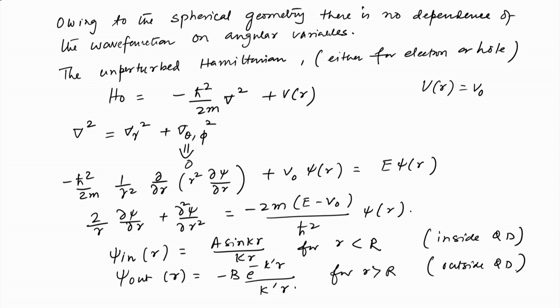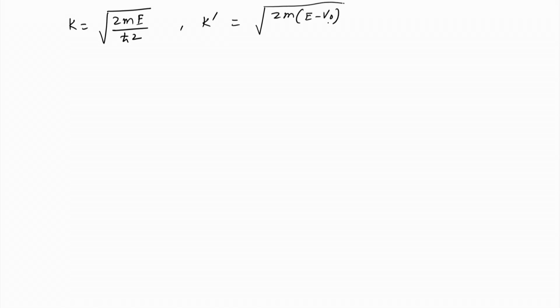Okay, so these are the wave functions of this particular problem. So, k becomes equal to root over 2 m E by h cross square, and k prime becomes equal to root over 2 m times E minus V naught divided by h cross square.